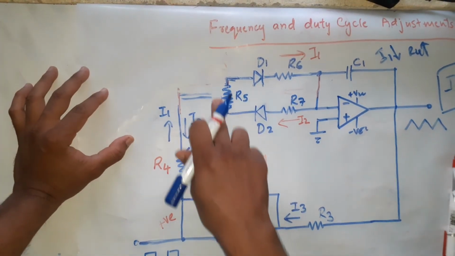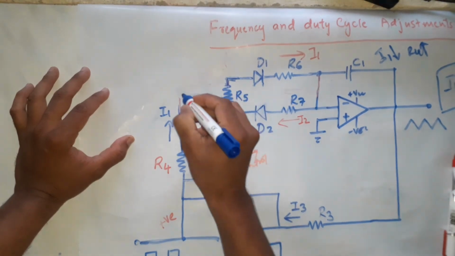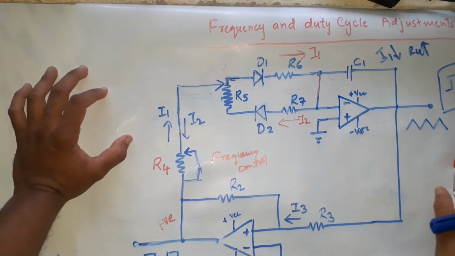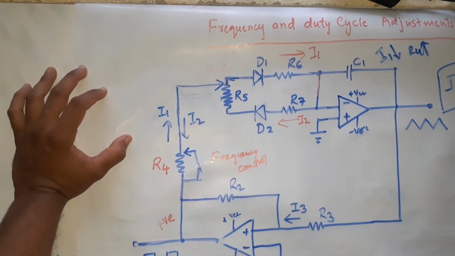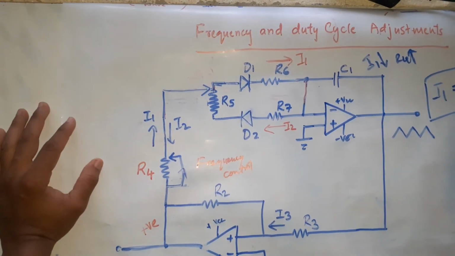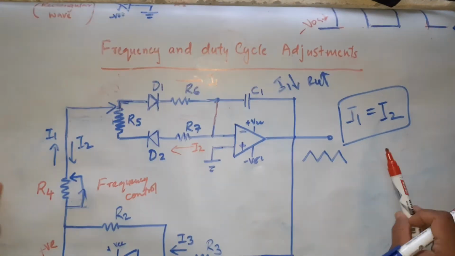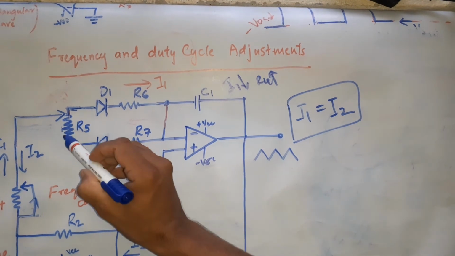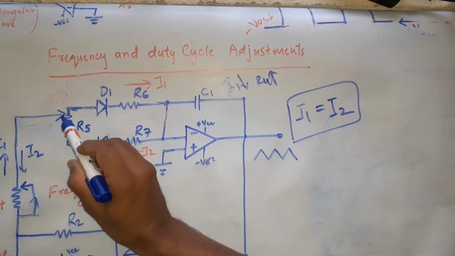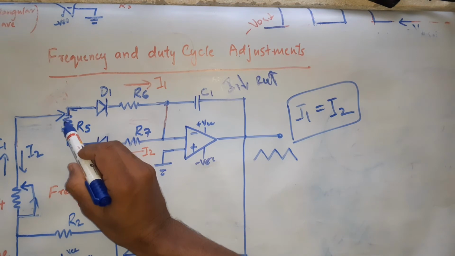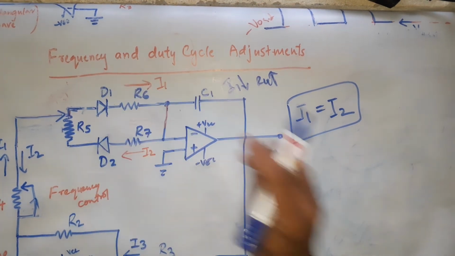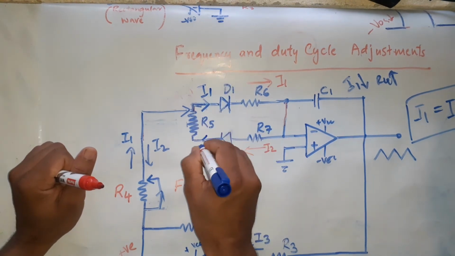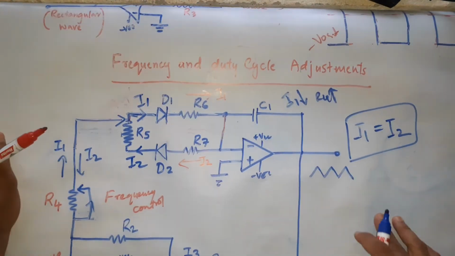Now let me alter this in such a way that it is kept at the top of R5. Now what happens? Which current is more, I1 or I2? If it is kept above R5, here I1 is flowing and here I2 is flowing, isn't it?